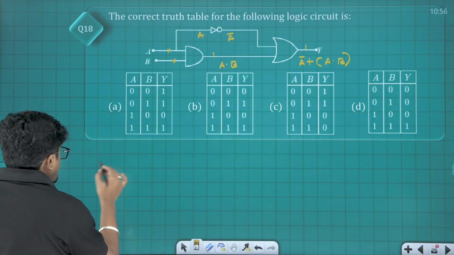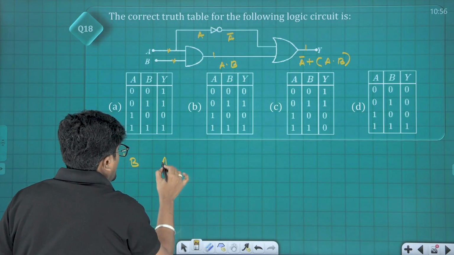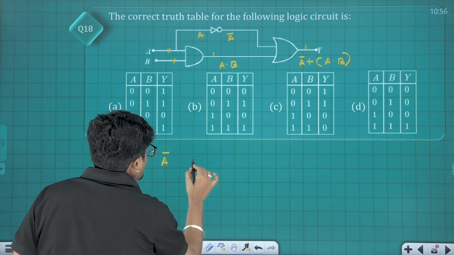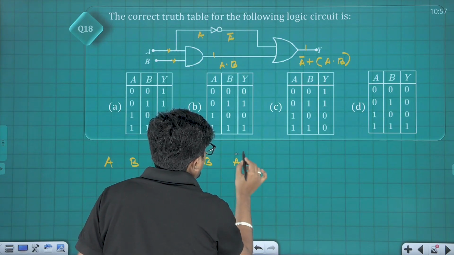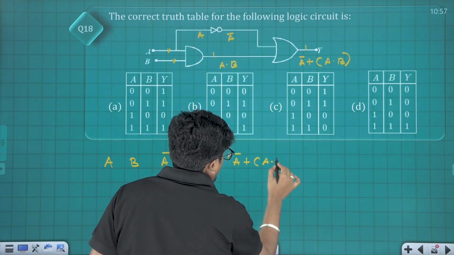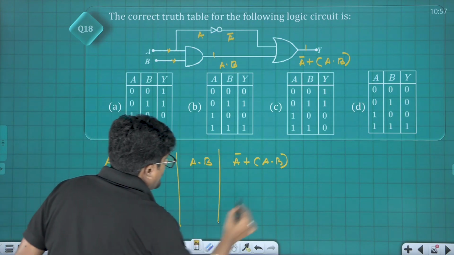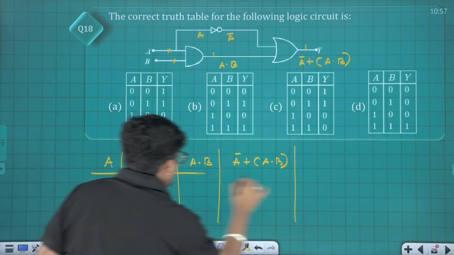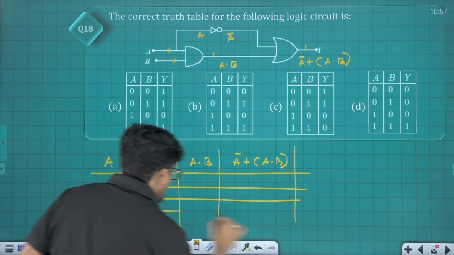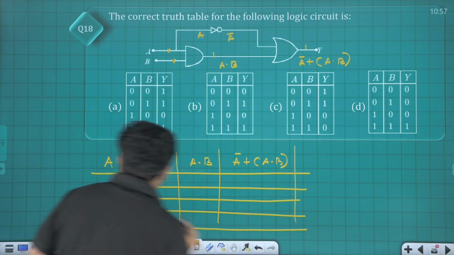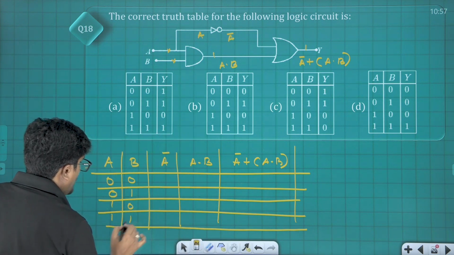Let's create the inputs first: A, B. After that we need A bar, then A dot B, and finally A bar plus A dot B. The inputs, 4 options are there: 0 0, 0 1, 1 0, 1 1.